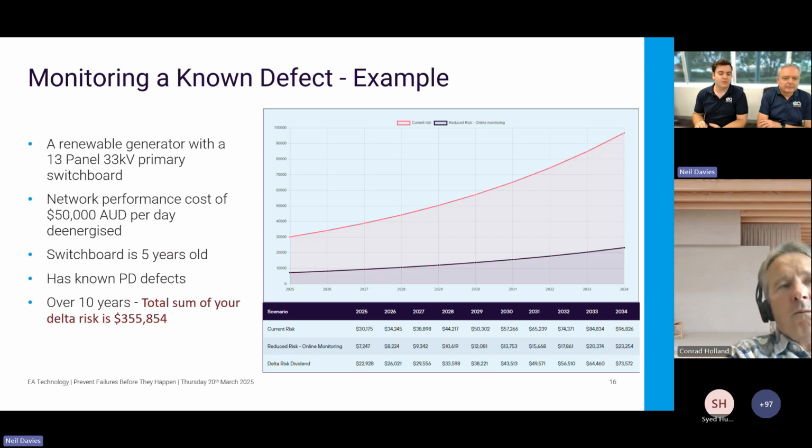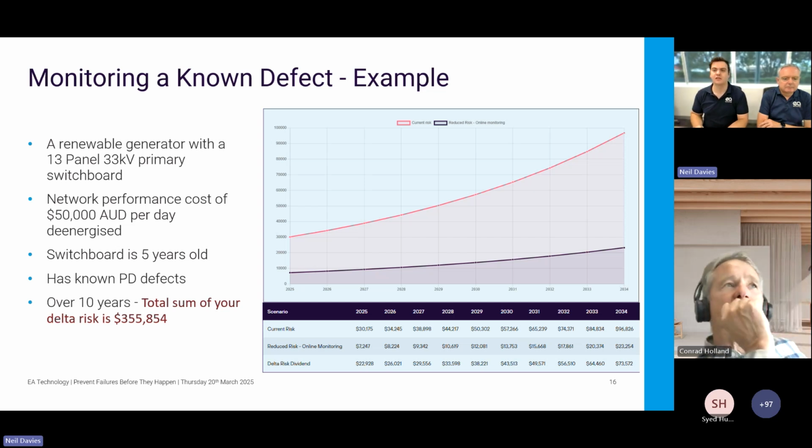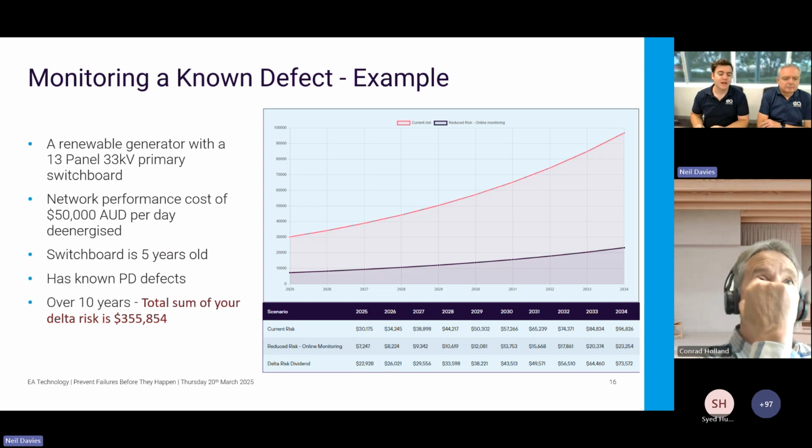So if we look at it on a per year basis, by installing the monitoring system and by basically alerting the engineers, allowing that planned maintenance, you can offset the risk and you can bring that down, reduce the probability of failure, and overall you have a lower risk board. This particular system, over 10 years, you're looking at saving between that $300,000 and $400,000 mark just in the risk reduction through monitoring. And that's for a very young board.